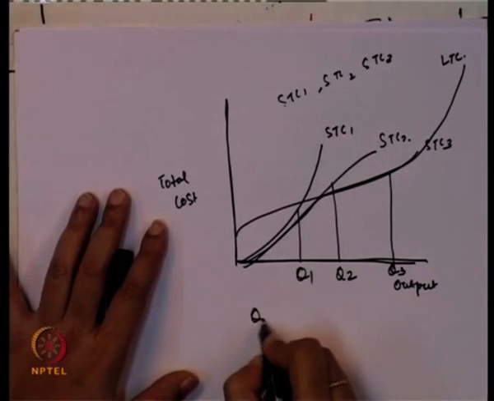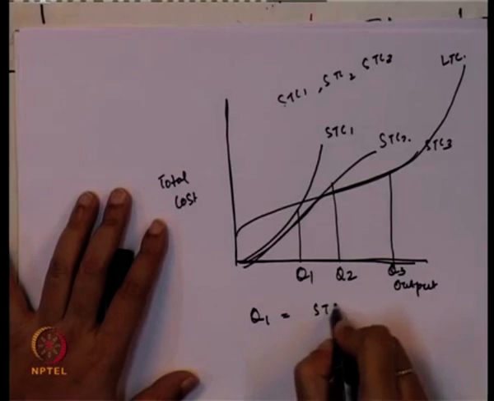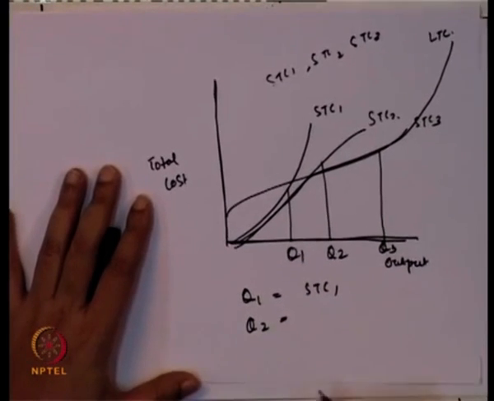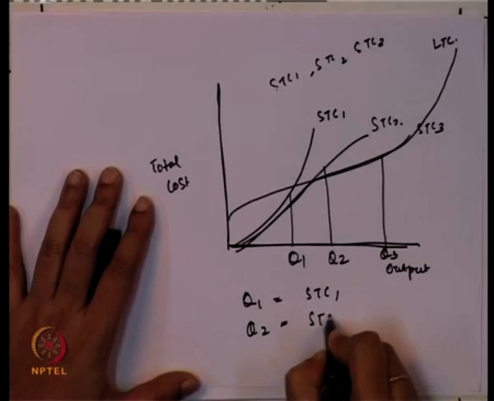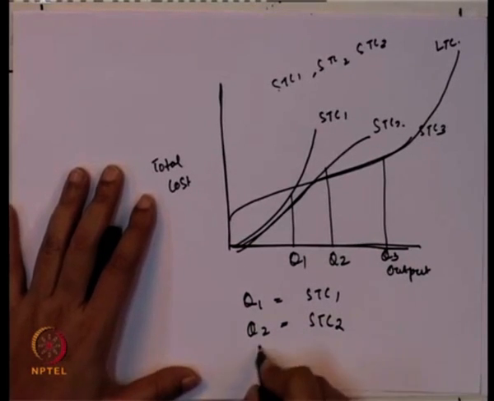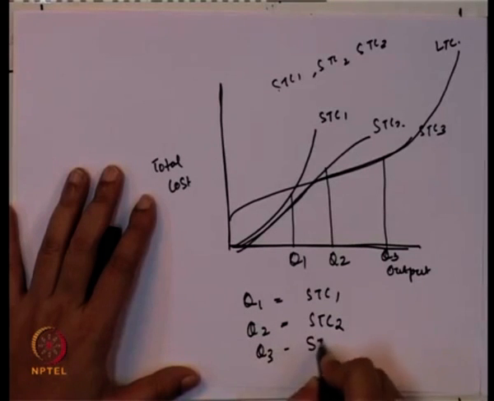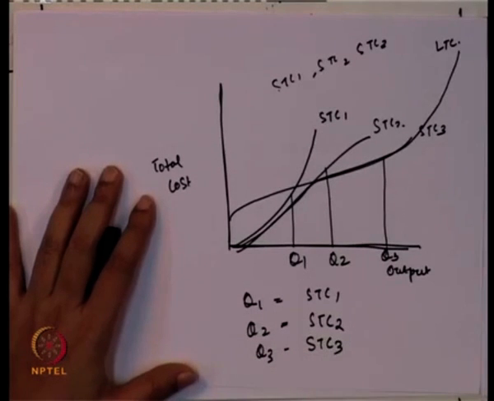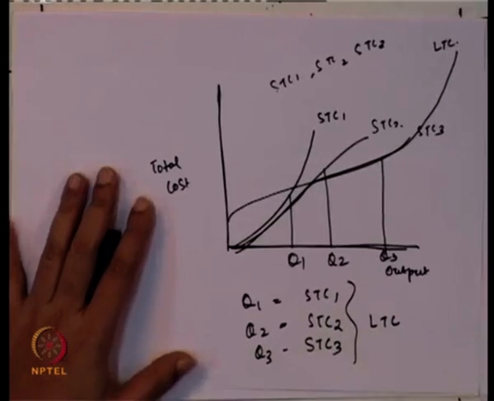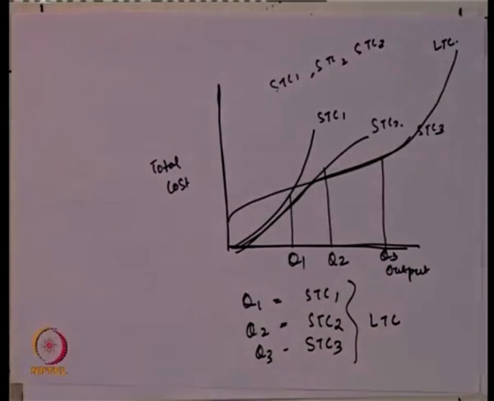Corresponding to Q1 level of output, the cost curve is STC 1, corresponding to Q2 level of output, the short run cost curve is STC 2, and corresponding to Q3 level of output, the short run cost curve is STC 3. Taking all these three together, we get the long run total cost curve. So, the long run total cost curve is the series of short run cost curves at the different levels of output.